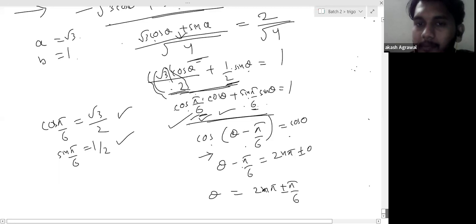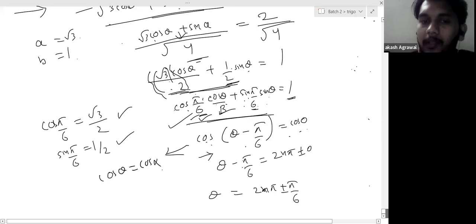Now if this angle is A and this angle is B, I can read this as cos A cos B plus sine A sine B, and that is the formula for cos(A minus B). All right, and for 1 I can write cos of 0. Now this is type 2, right? Cos theta is equal to cos alpha.